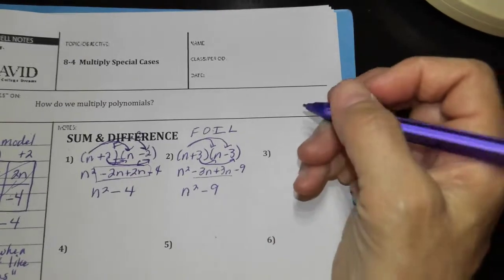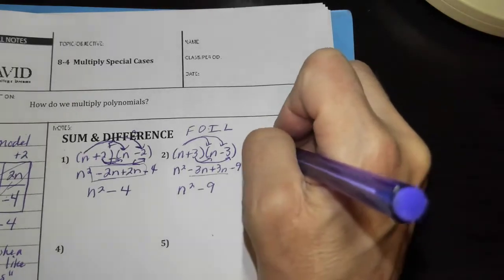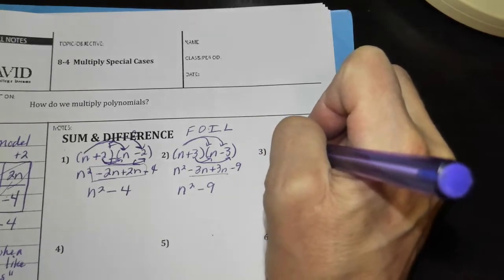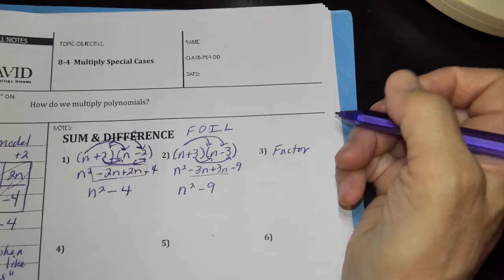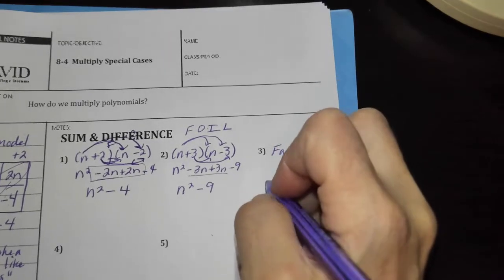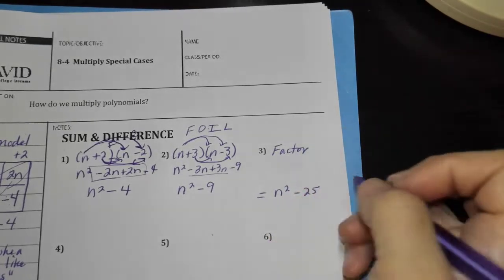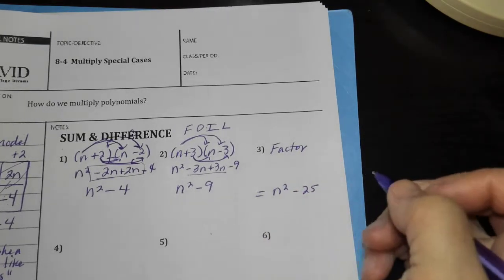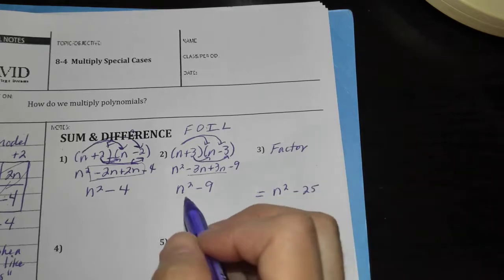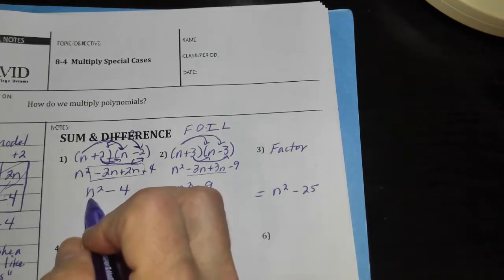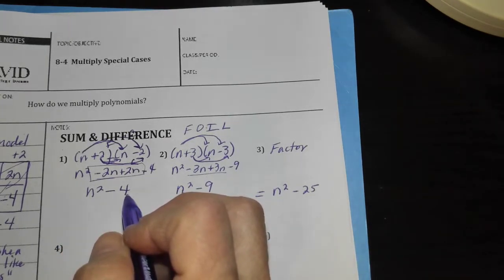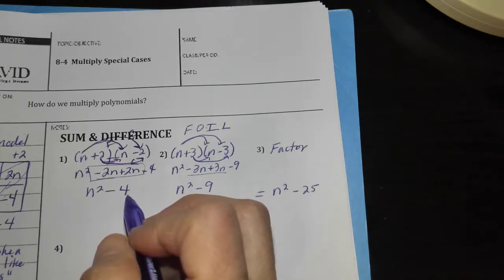Okay, our third one, I'm going to ask you to factor. Okay, so let's say that you have something that equals n squared minus 25. How are we going to factor? Well, we're going to go backwards, and you'll notice this is the same pattern that we have here. We have something squared, and then we have a perfect square number in the second position of this quadratic binomial.